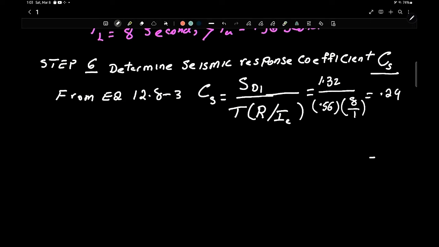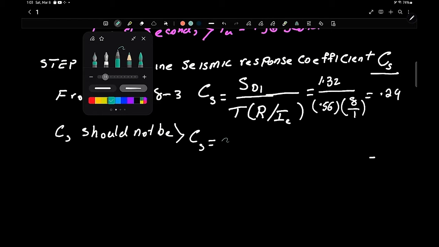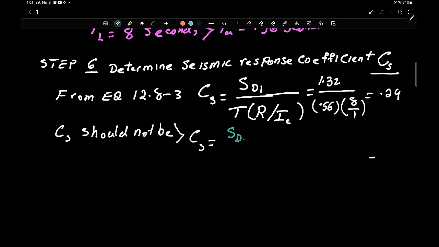However, the value Cs should not be greater than the other equation that we saw, which was Cs equal to SDS divided by R divided by I, and our SDS is 1.52, divided by 8 divided by 1.